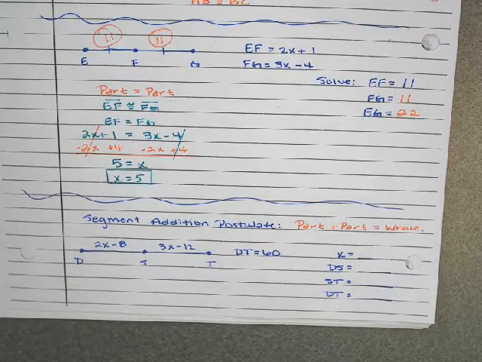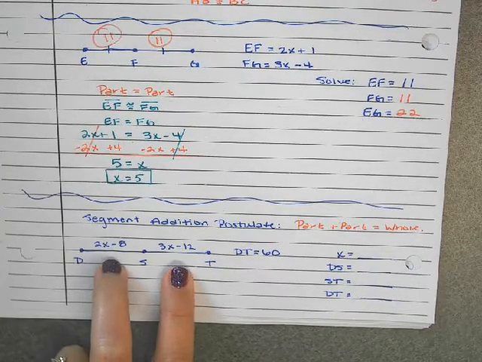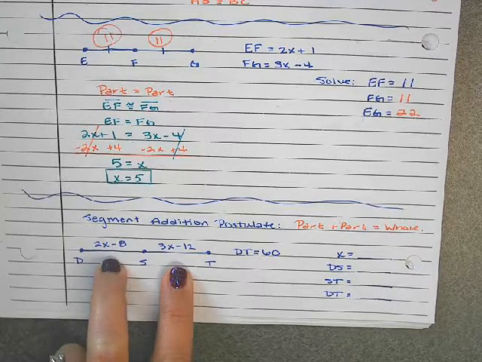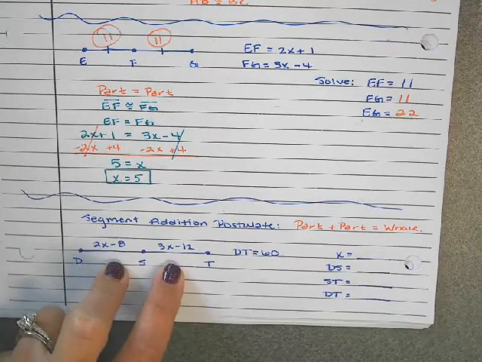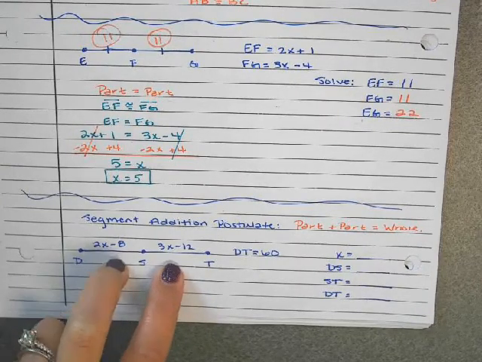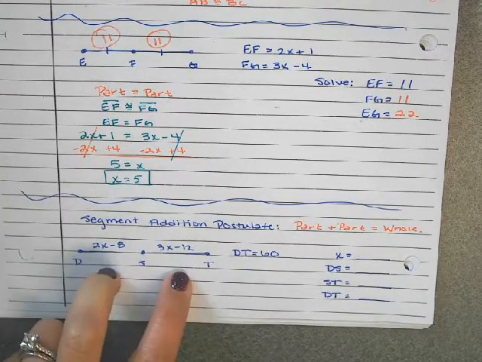Now on this one, can we assume that these two segments are congruent? They look equal? In geometry, you're never allowed to assume, okay? So even though that S looks like it could be in the middle, we're never going to assume it unless it's marked with congruent marks.